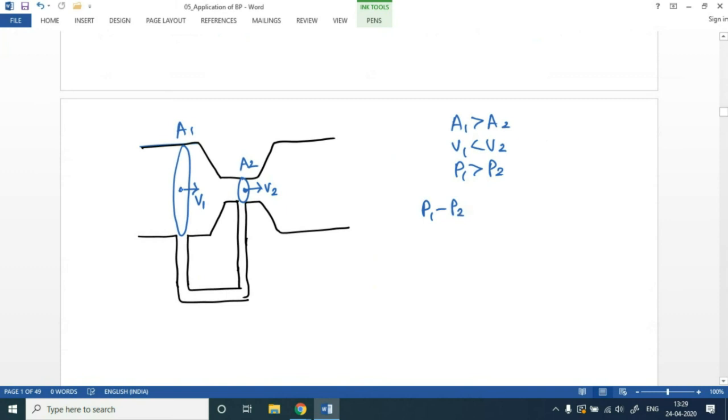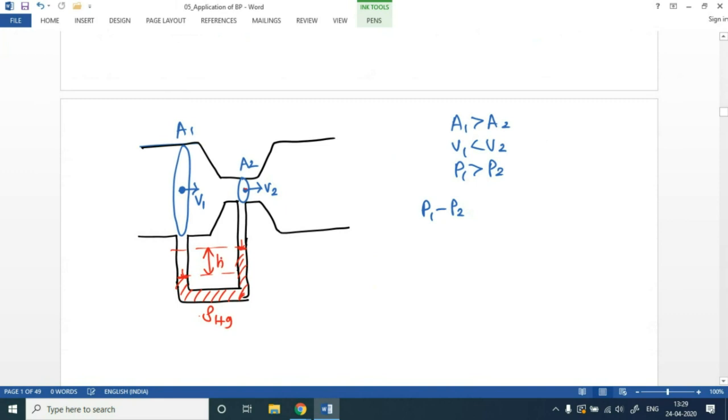So if P1 is greater, that is going to push the liquid here more, and this gas is going to push the liquid less. So pushing is less here and more over here, so this height will be more and this height would be less, and let's say this is the mercury, rho Hg, and the Venturimeter measures this height h for us.